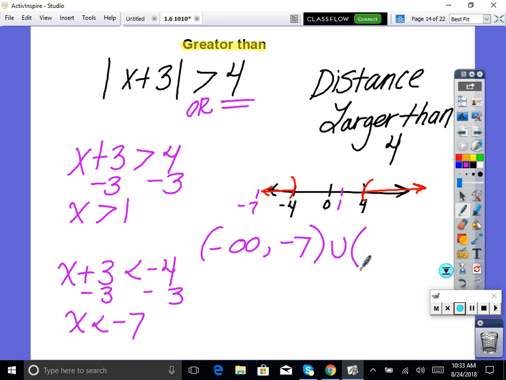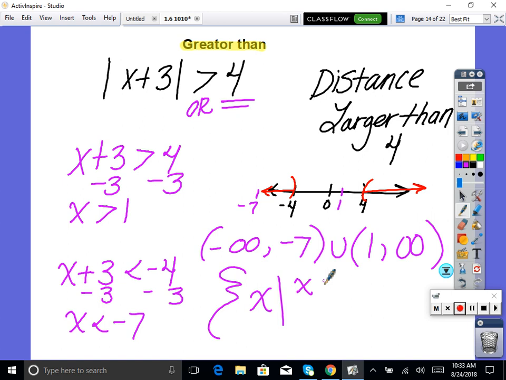Then union, then we start at, so that's our lowest, negative infinity up to -7, then it skips stuff, and then starts at 1 again, and goes to infinity. So if we were going to write that in set notation, same thing that you did on the last lessons, x values such that x is, how do they have you write it?